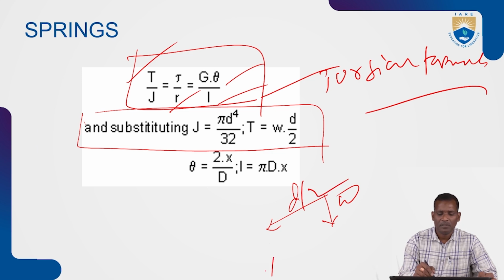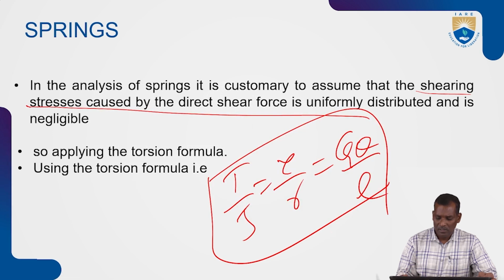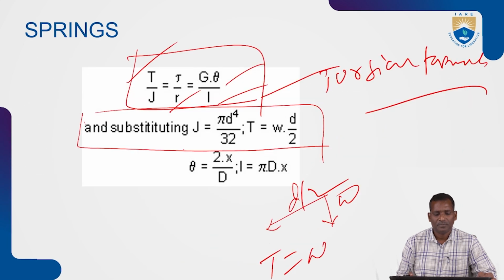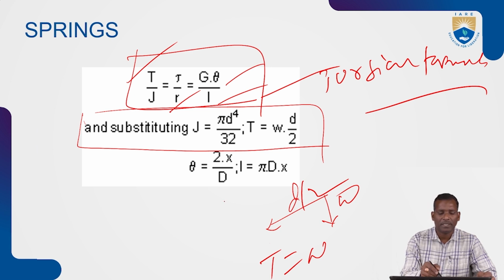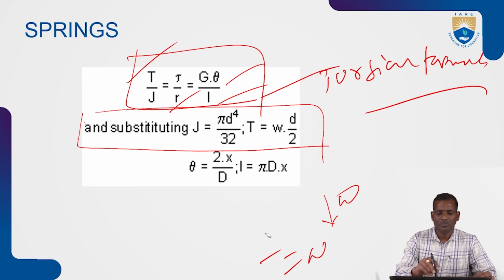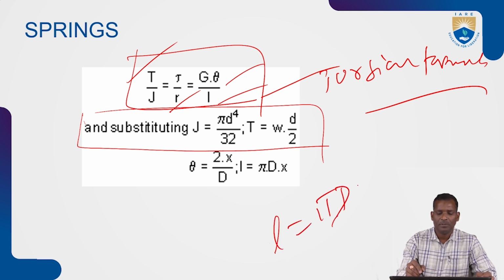We have already seen the torque is equal to F into R, force multiplied with R. Theta, the angular twist, is 2 into x by D, and L is equal to pi D into n, or 2 pi R n.